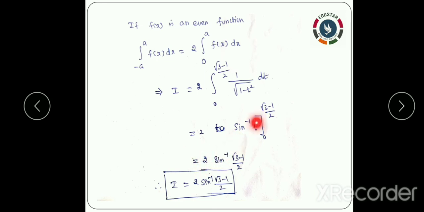Applying the upper and lower limits, we get 2 into sin inverse of (root 3 minus 1)/2 minus sin inverse of 0, and sin 0 is 0. Therefore I equals 2 sin inverse of (root 3 minus 1)/2, which is the answer.